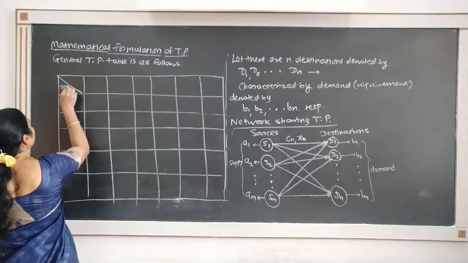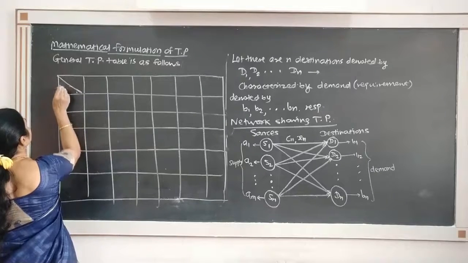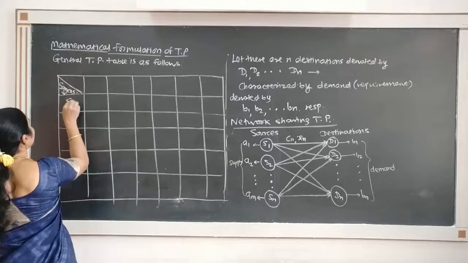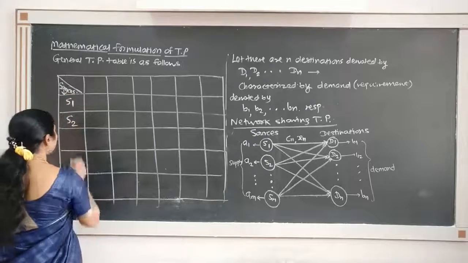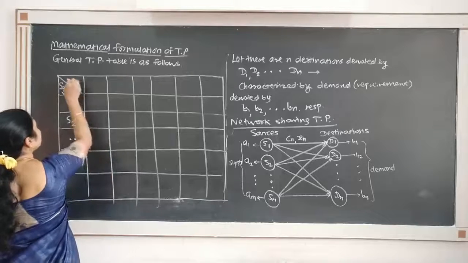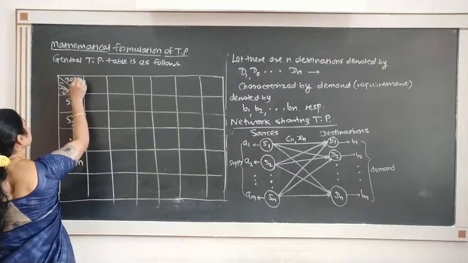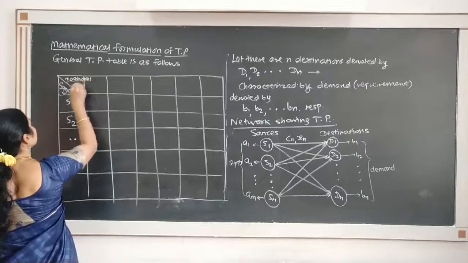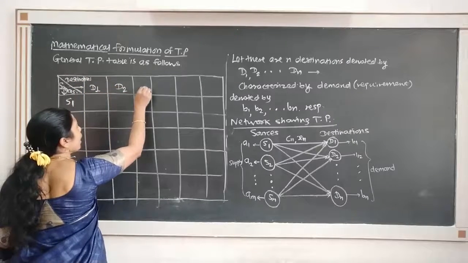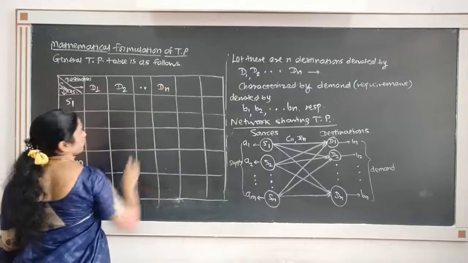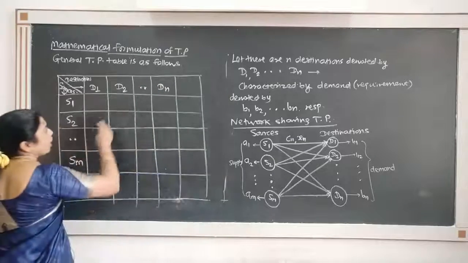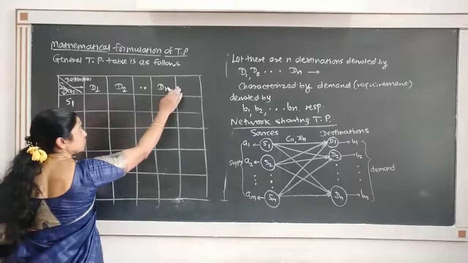On this side there are sources. So sources are denoted by S1, S2 and so on, Sm. On this side there are destinations, and destinations are denoted by D1, D2 and so on up to Dn.